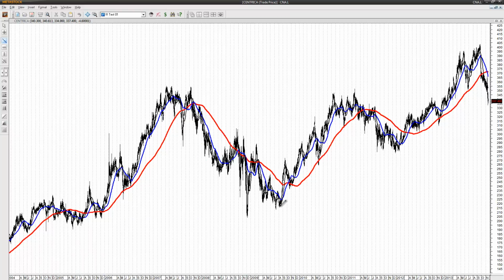Okay, you connect this trough to that trough, and then you have a trend line. And before I made this video, I did this in precise detail, and I came up with the exact level of 329 for that support level. So that's what I'm using for this stock.